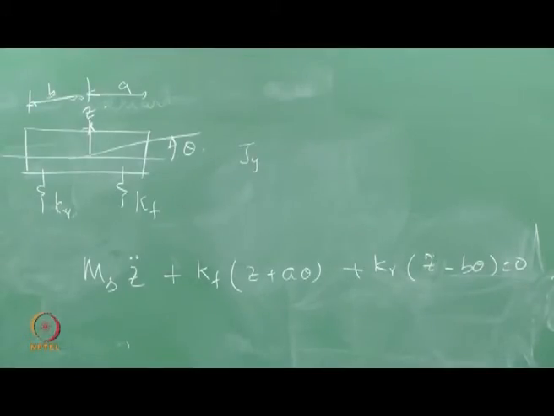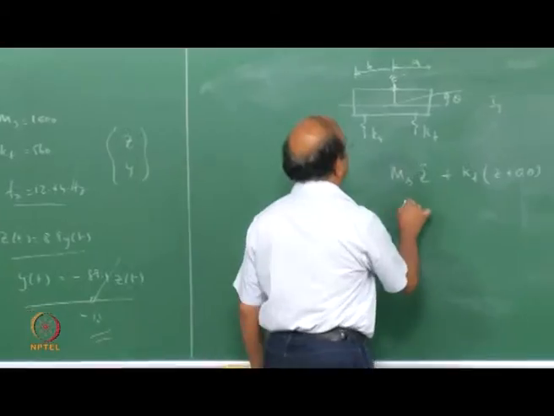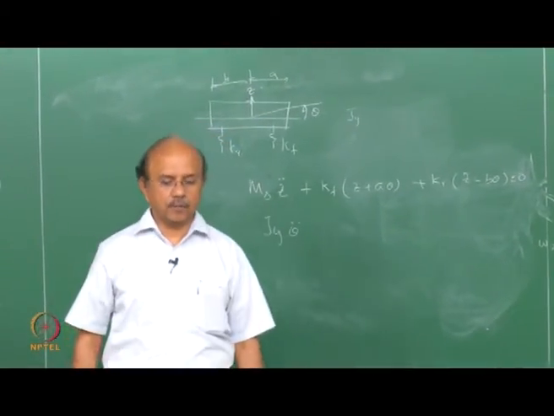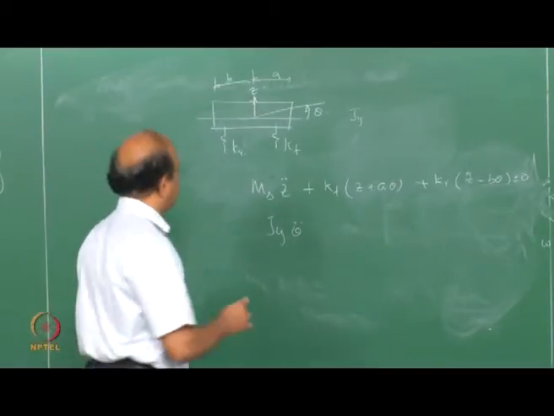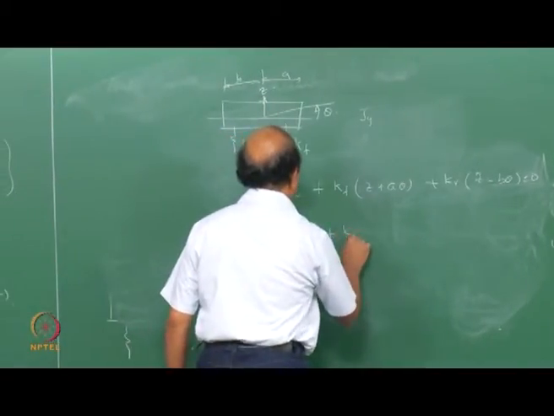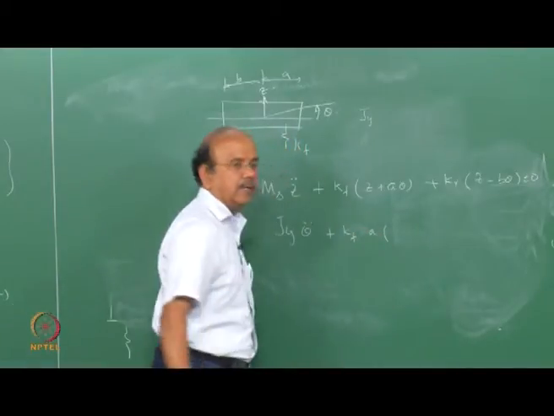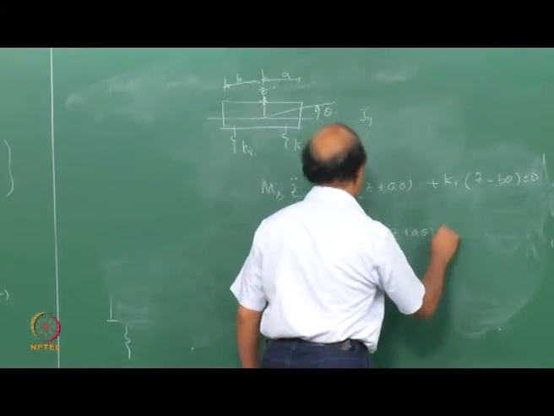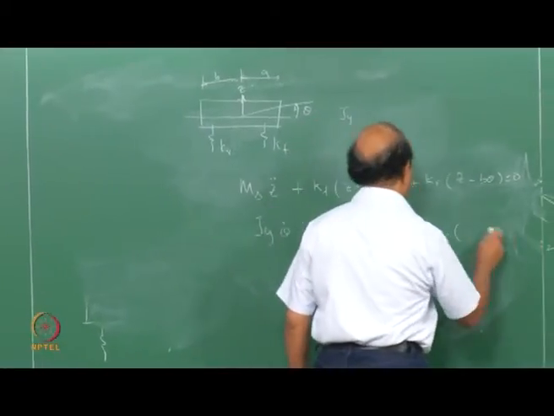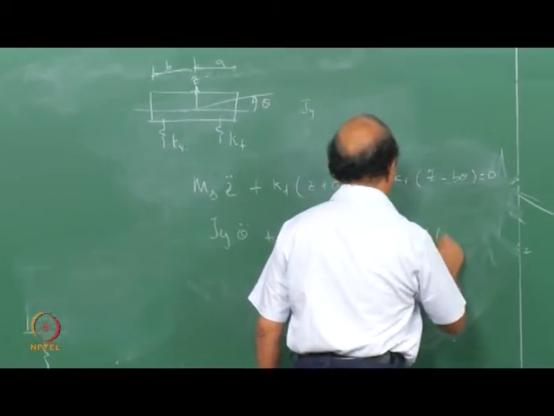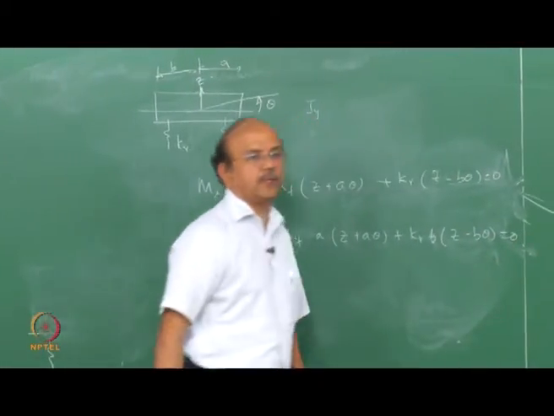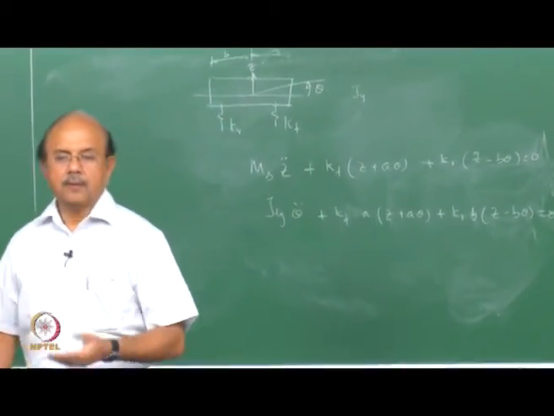That's my first expression. My second expression is JY into theta double dot plus KF into A into Z plus A theta, and so on. These are the two equations.